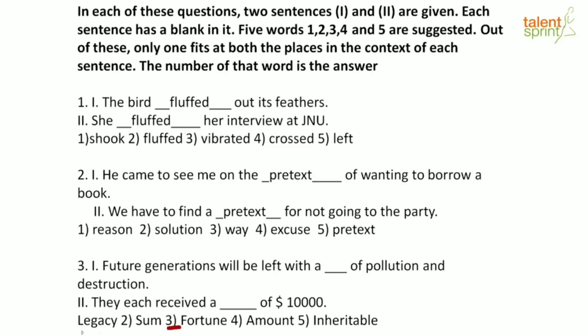Future generations will be left with a legacy of pollution and destruction. Is that the right fit? Yes, it is. Legacy not only means money, which is bequeathed by will, which is the second scenario's meaning, but it also means something that is left behind from the past, right? So that's exactly the meaning that legacy brings in the first scenario. So let's fill the blank with our answer option, which is legacy.